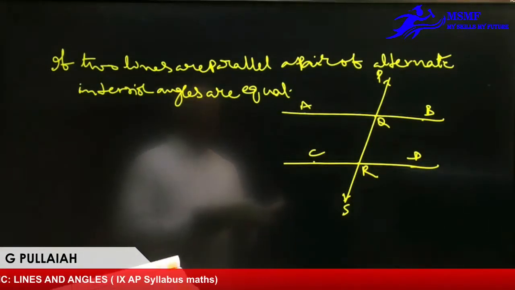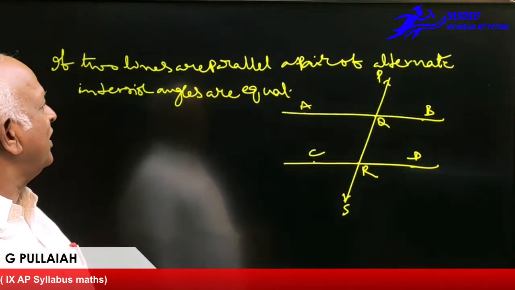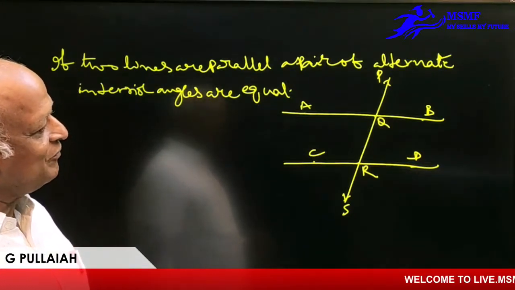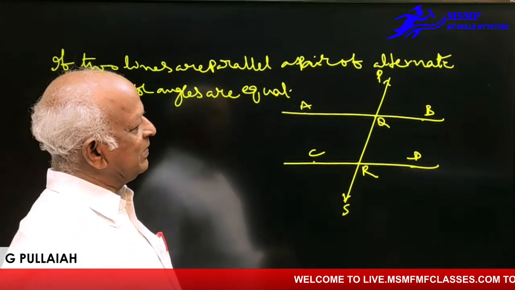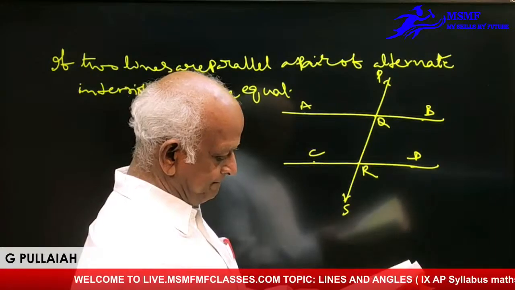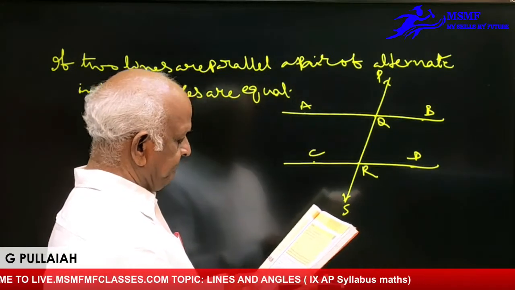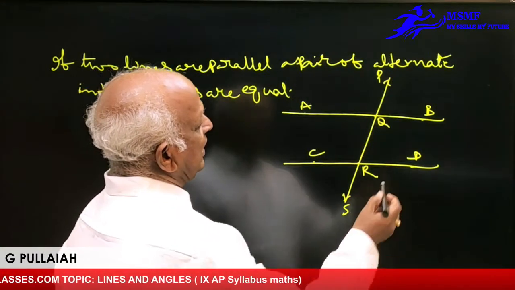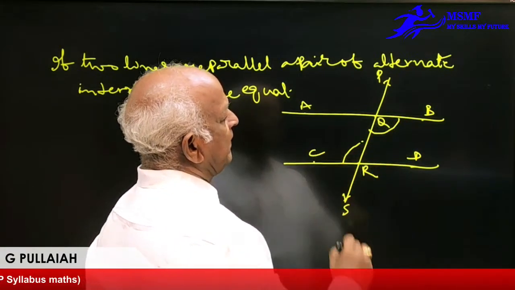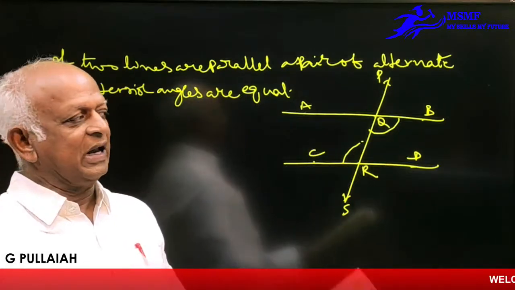So here, if two lines are parallel, a pair of alternate interior angles are equal. So think about a pair of alternate interior angles here. Say, if you take a triangle, these two are the alternate interior angles.